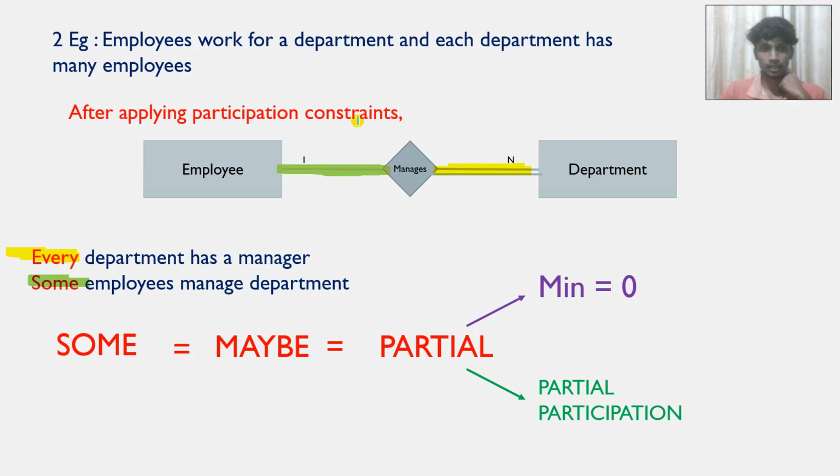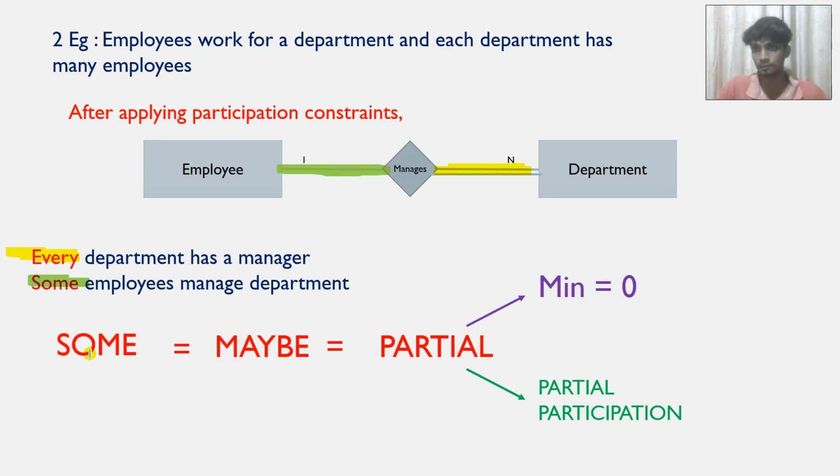So if you follow this word flow, some means maybe. They are having some managers, maybe they are not managers. So maybe means partial. It means a part of the employees are managing, a part of the employees are not managing. So it's partial. So partial means the min is zero, which means some employees are directly managers, so they manage a department.